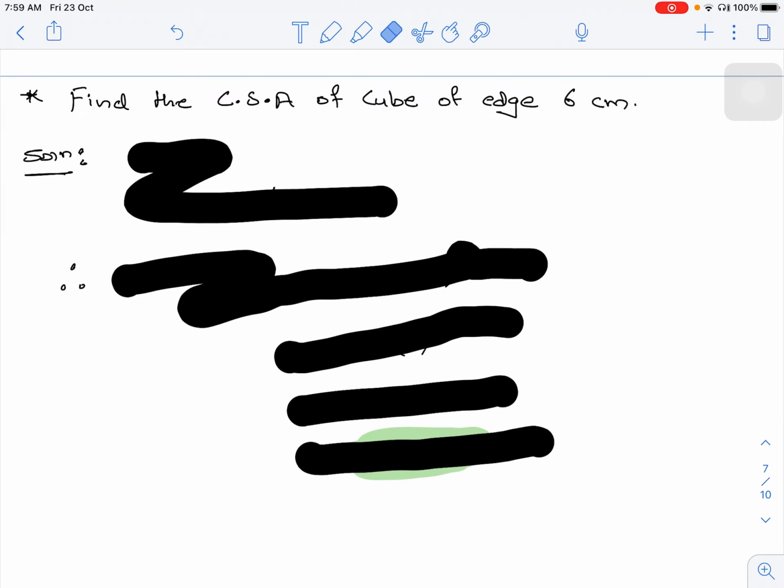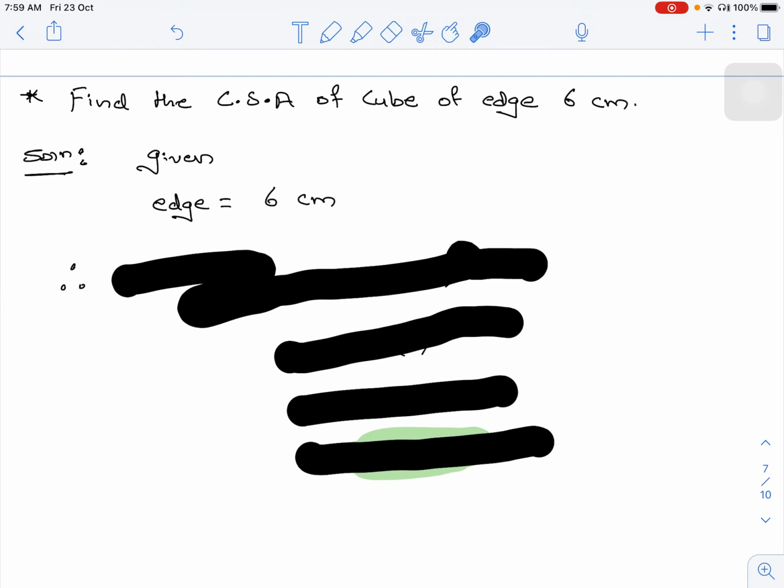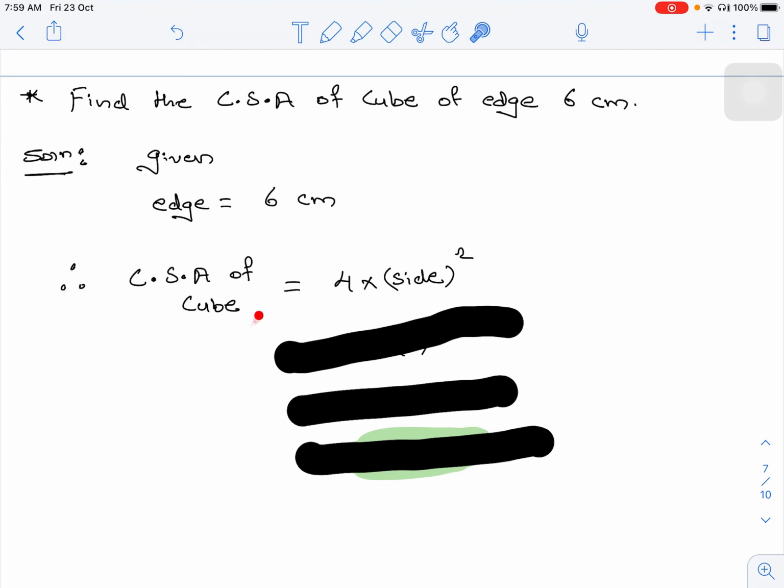Here we have the first example: find the CSA, that is curved surface area, of a cube of edge 6 centimeter. Edge means its side is 6 centimeter. What is given? Edge equals 6 centimeter. We have seen above that if we have the value of side, we can easily find the curved surface area. So curved surface area of a cube is equal to 4 into side square. The side is given as 6, so we can write it as 4 into 6 square.